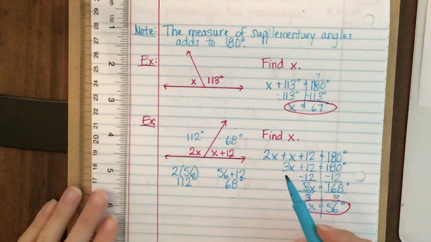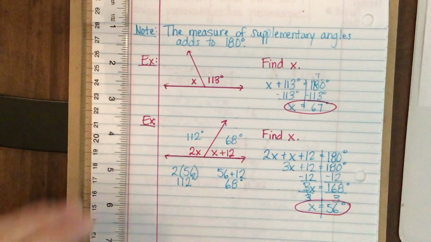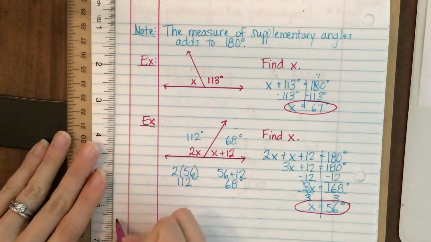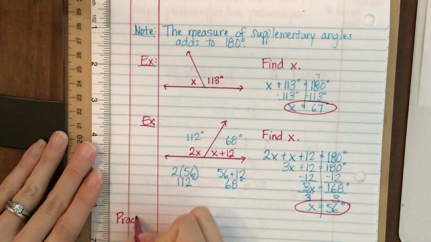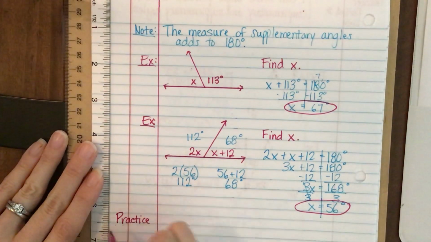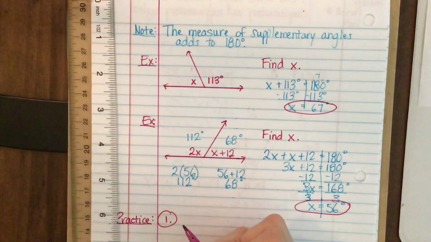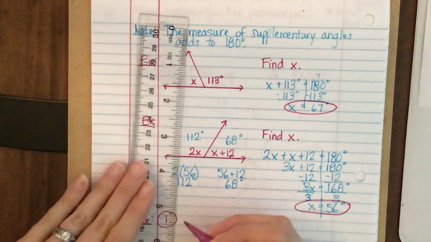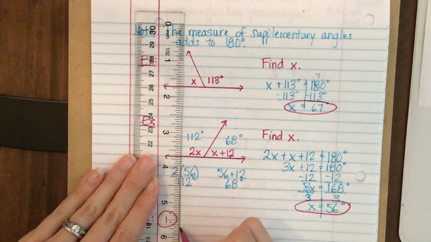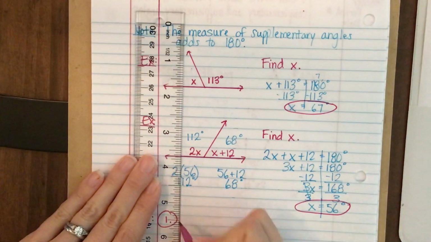Okay, now I'm going to have you try one. Actually, I'm going to have you try two here. Here's number 1. I'm going to be a minimalist. I am just going to draw a picture, and you are going to find out what x is and what each angle is.